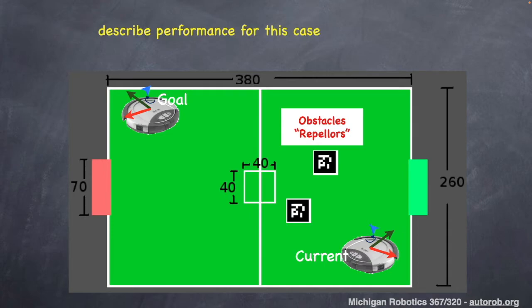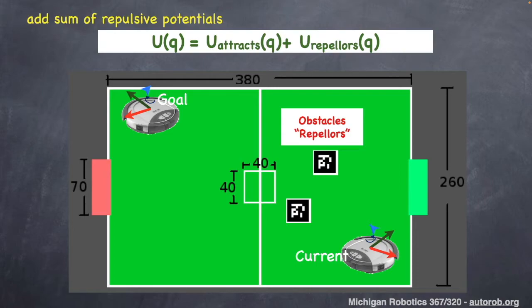So in this case, the question comes up of how we are going to deal with these repellers while still being able to ensure that our robot is motivated to move towards the goal. The way we can do this is by using the definition of multiple potentials that we just looked at a few slides ago.